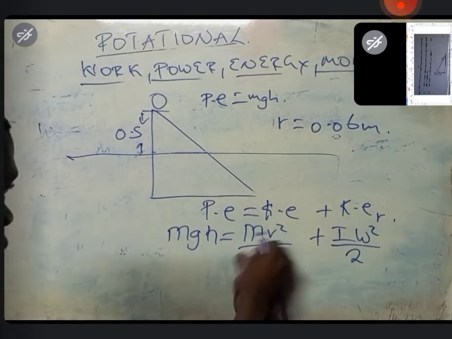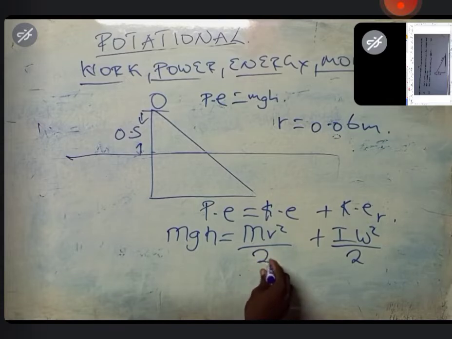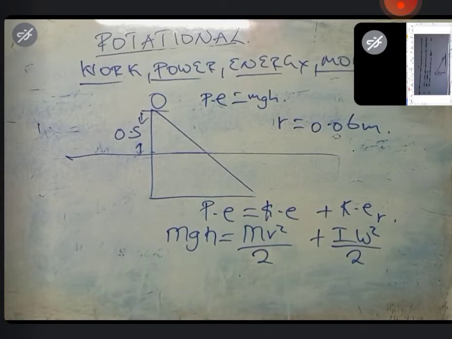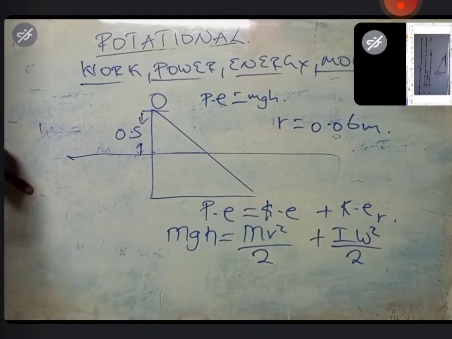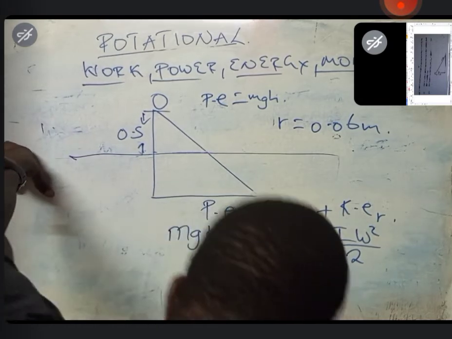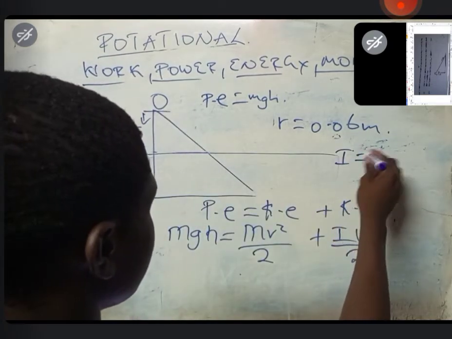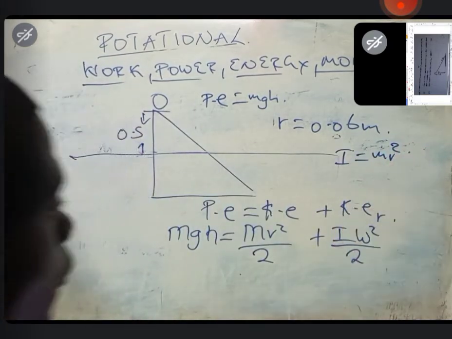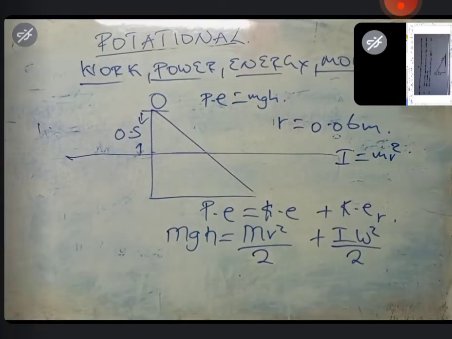We can make the equation look easier by multiplying by 2 throughout. Even before we multiply by 2, we've been told the moment of inertia of the hoop is mr squared. So where there's I, we can put that.